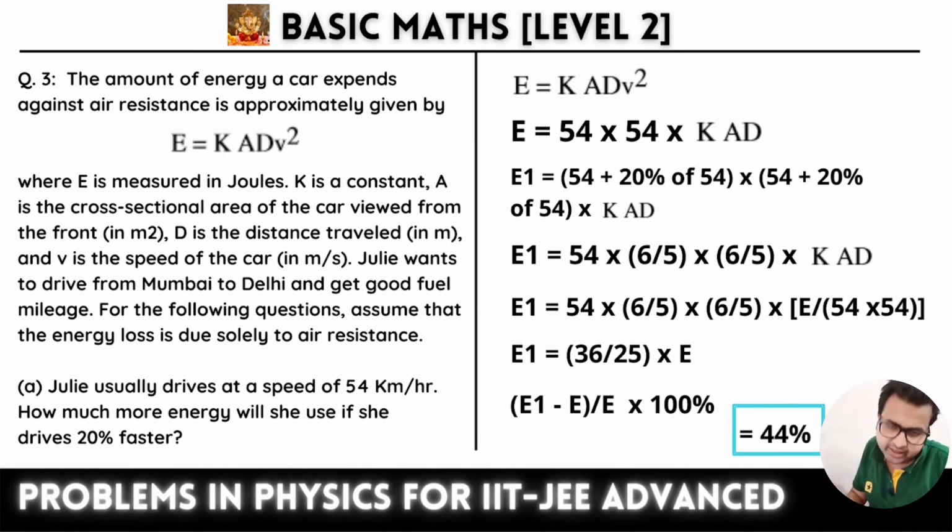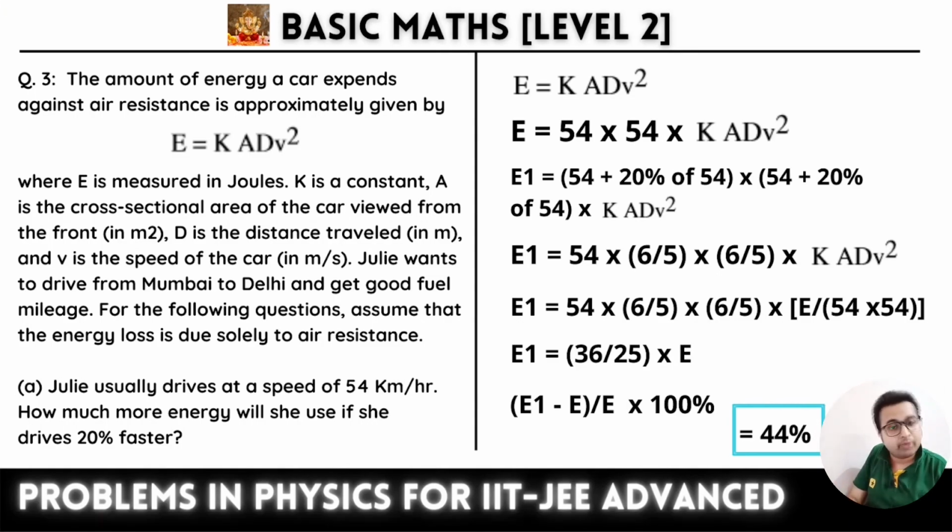So E1 minus E upon E into 100%, that we have to calculate, because more energy means difference in energy, rise in energy. So delta E is E1 minus E upon original energy E into 100. After solving you get the answer to be 44%.